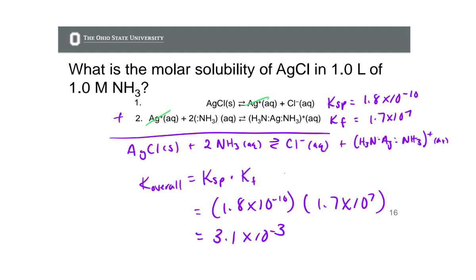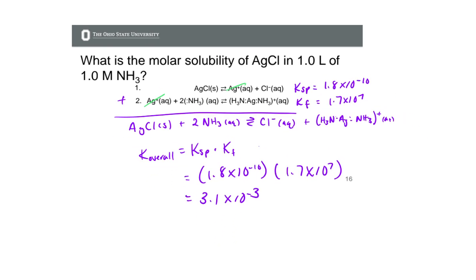Okay, so remember when I said a few seconds ago that we weren't going to be able to ignore x when our Ks were about this magnitude? This is what I was thinking. We're not going to ignore x. This K doesn't necessarily have a subscript. That's just for bookkeeping. If you wanted to, you could call it K overall or K3 or whatever.